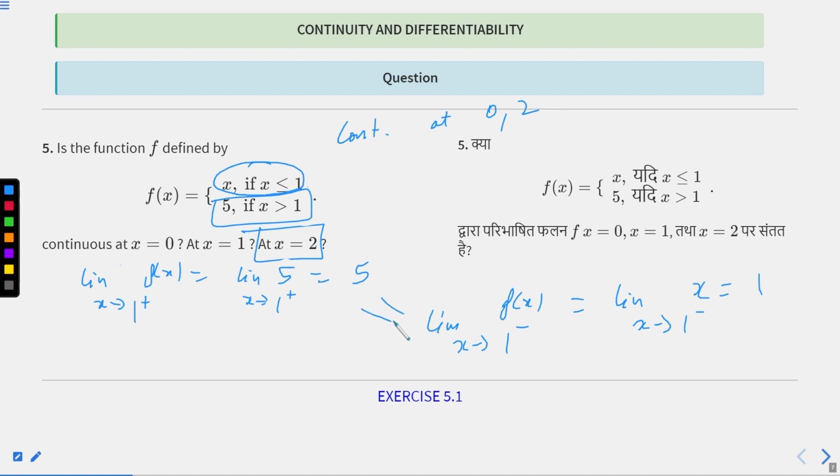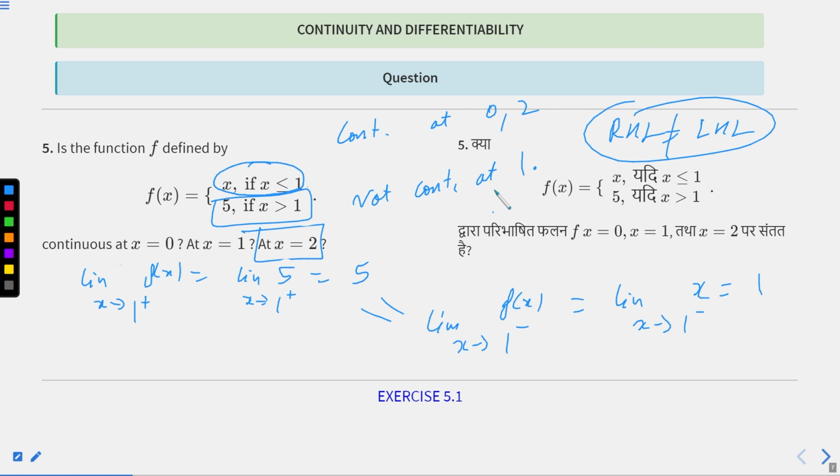As you can see, the left hand side and right hand side limits are not equal to each other. This means not continuous. So not continuous at 1. I hope that it is clear. Let us move to the next.